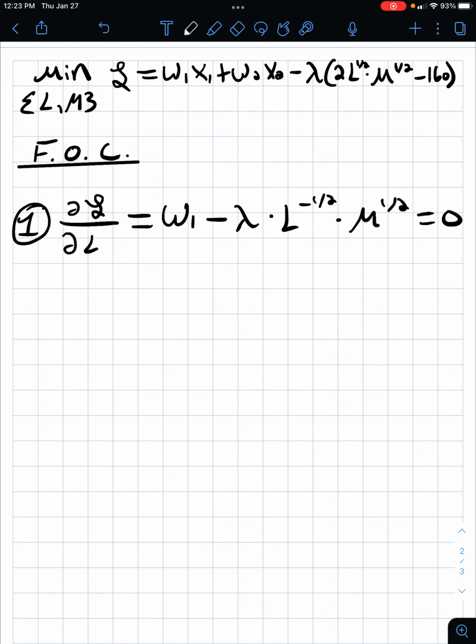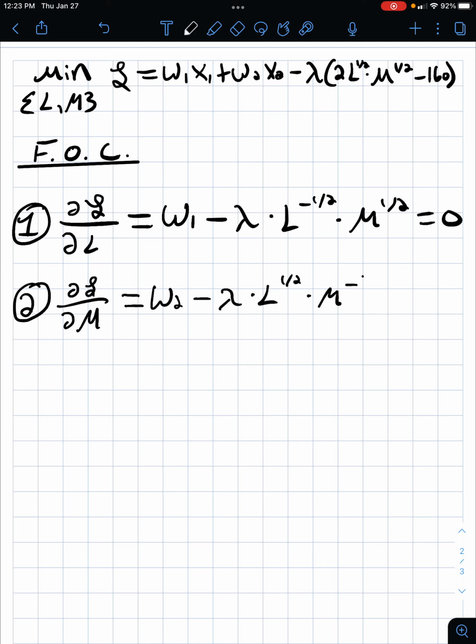And then the second partial derivative, let's take this with respect to M. This will give us W2 minus lambda times L to the 1/2 times M to the negative 1/2, equal to 0.